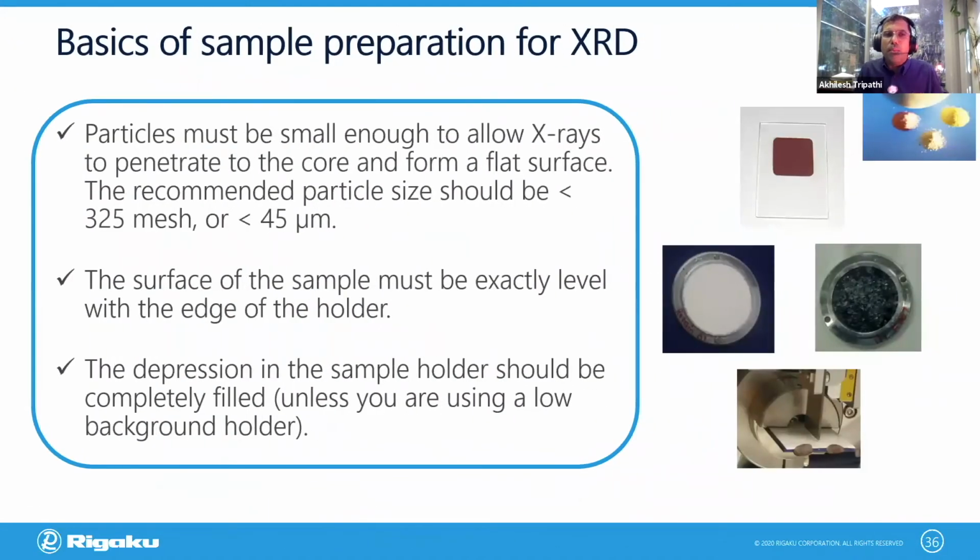So let's take the home point from the sample preparation: for X-ray diffraction purpose, we need a well-ground particle. If you are doing it with mortar and pestle, you shouldn't be hearing any crackling sound as if you were starting with sand, but then you smoothened it out. So in terms of actual size you hit, when you don't hear any crackling sound, it's roughly 325 mesh or 45 micron.